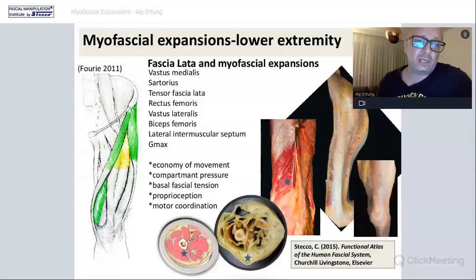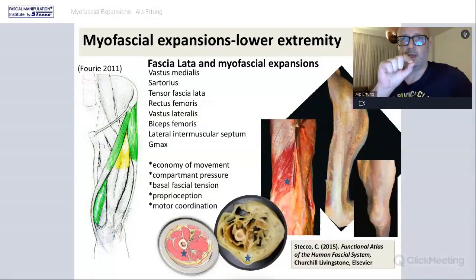As we see in Stecco studies, the fascia lata has different connections with different structures. The study's name is the relationship between fascia lata and the extension of the knee.